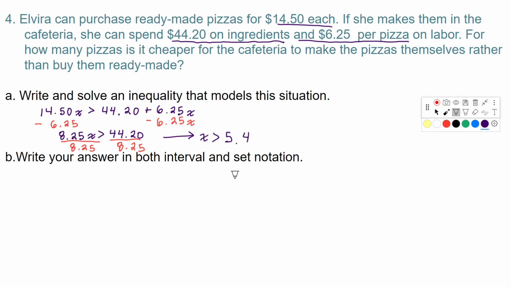5.4. Well, we don't purchase partial pizzas. We don't make partial pizzas. We make a pizza or we don't. So when is it cheaper? It's cheaper when the cafeteria makes more than 6 pizzas.